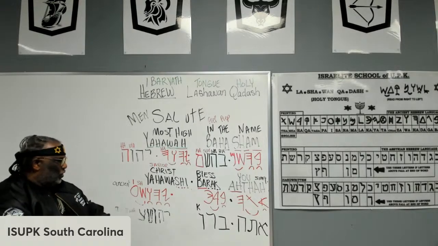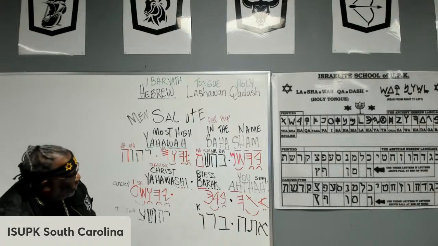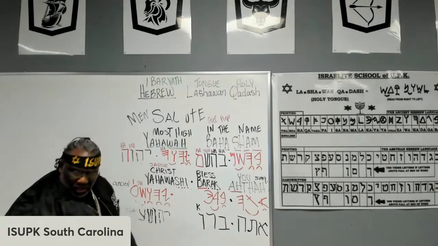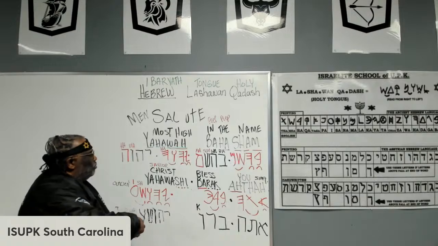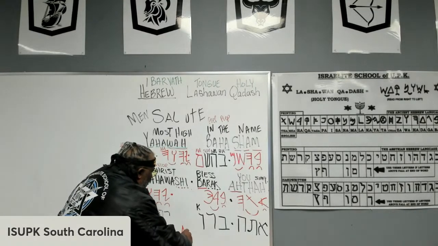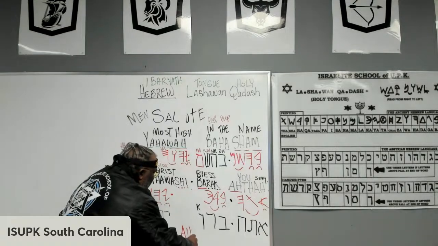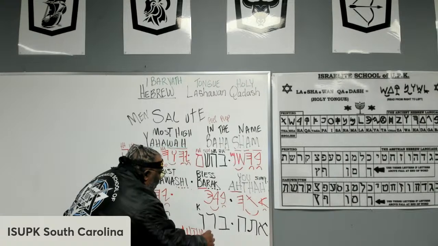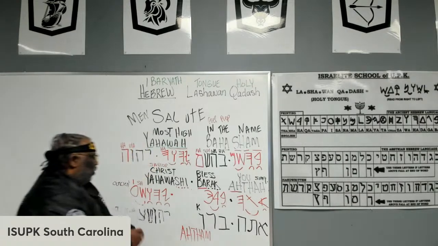Well, we'll say also, I forgot to say the plural of Atah. Let's do that for a second here. Atah, the plural of Atah would be Atem. Like this. So there we go.